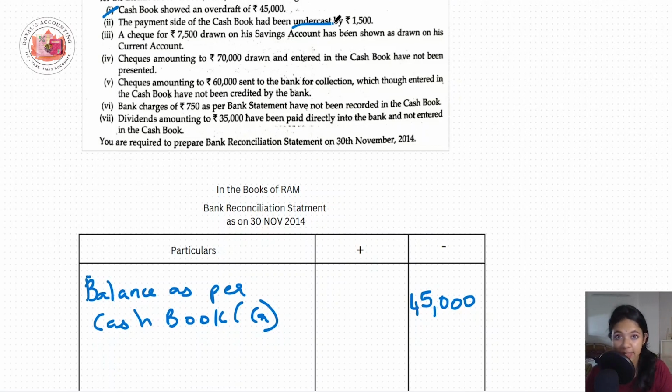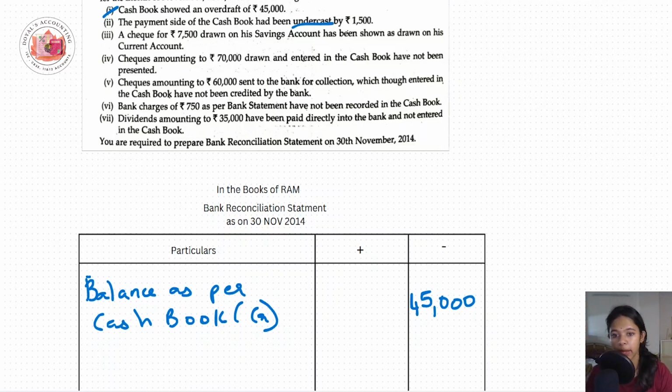If payments are lesser by 1500 rupees, it means that our cash book balance is more than our passbook balance, right? Now our cash book balance is more than our passbook balance and I want to equalize the two. So what will I do? I will deduct this amount so that both get tallied. Cash book balance is here, passbook balance is here. I want to equalize. Bring down my cash book balance.